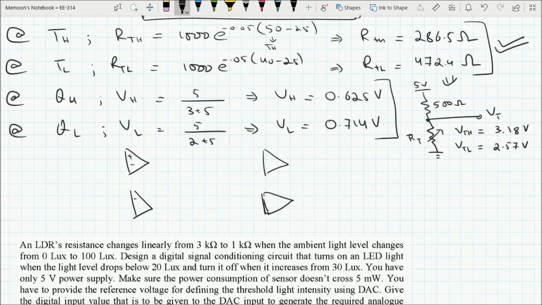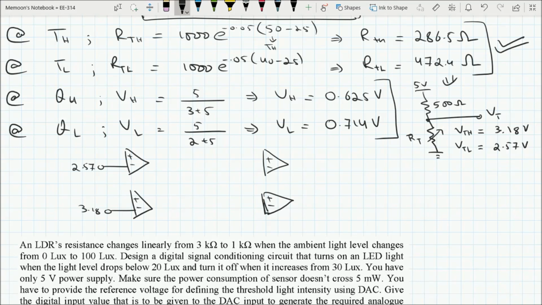Positive, negative for all these comparators. Now, in case of temperature sensor, these are for temperature sensors. So one of our voltages is 2.57. This is 3.18.